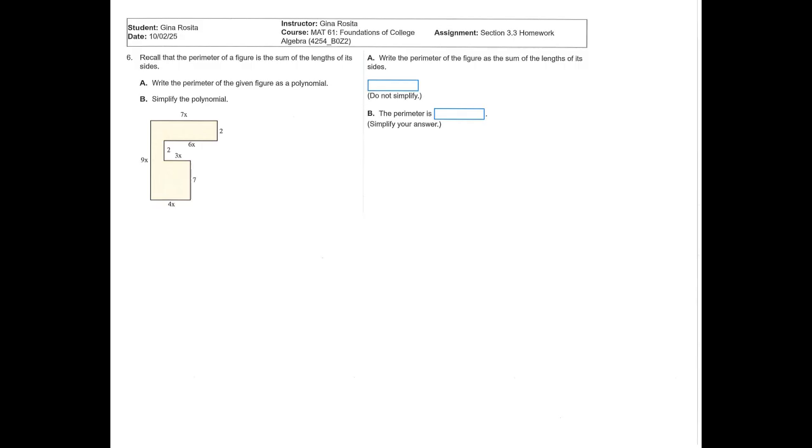7x. Just put over here. This is 7x plus 2 plus 6x plus 2 plus 3x plus 7 plus 4x plus 9x.